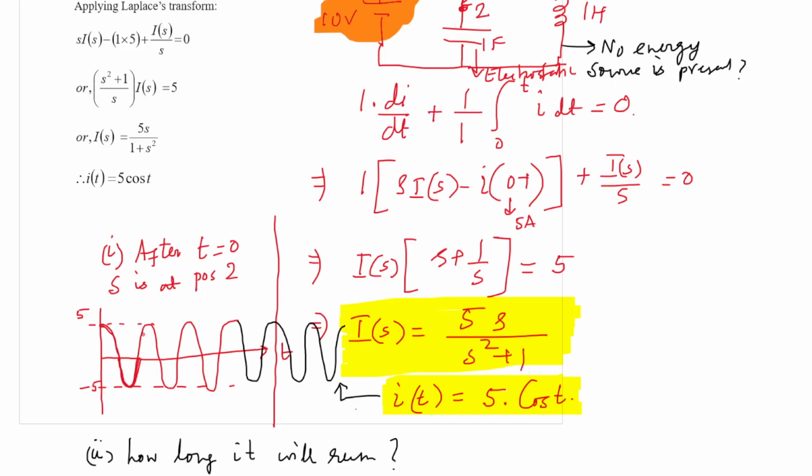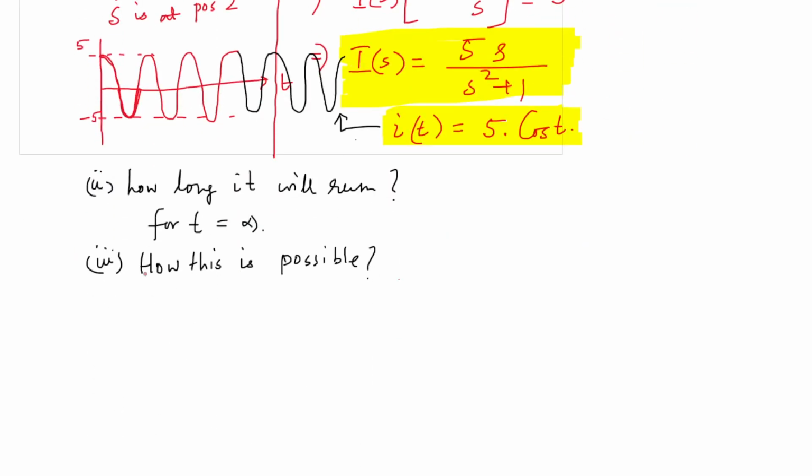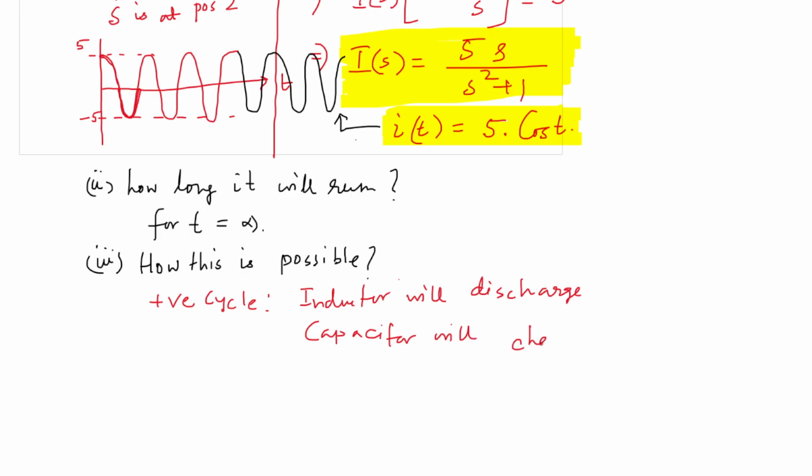So in this way, let us consider in the positive cycle inductor will discharge, and where will this discharged energy go? Capacitor will charge itself using this discharging energy.